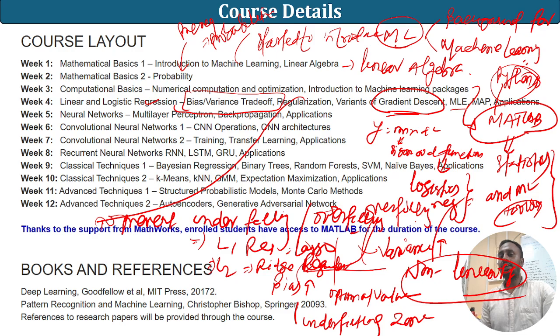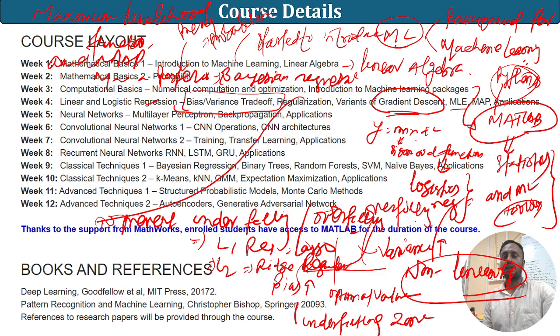MLE is the maximum likelihood function, and MAP is maximum a posteriori, which goes into Bayesian regression. So these are some terms we have to deal with while working with models.